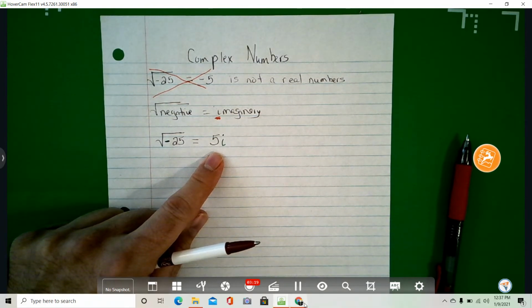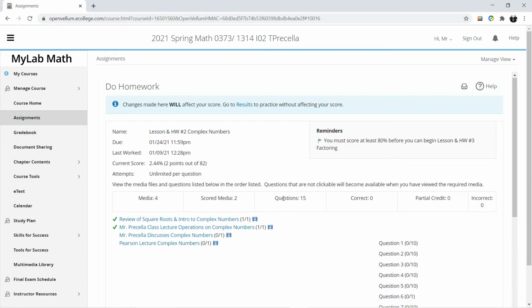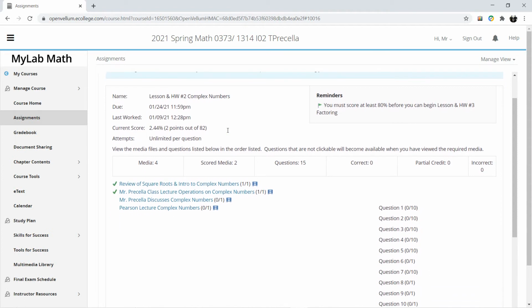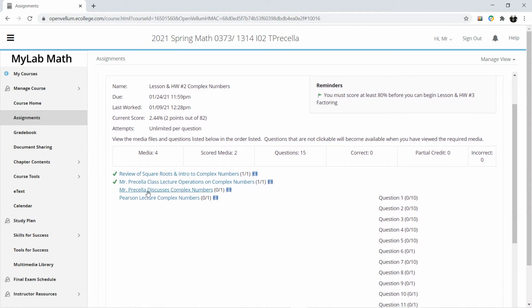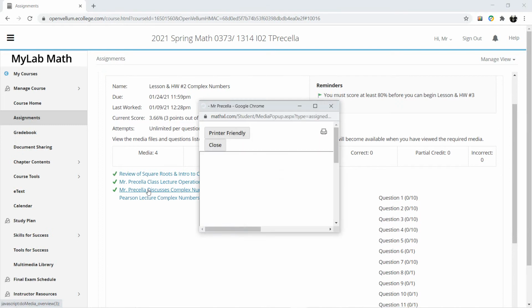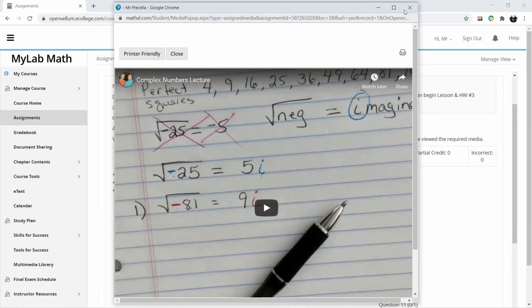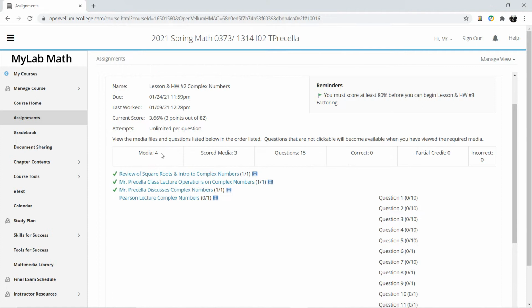Let's look at our homework assignment over complex numbers. Now, on the left-hand side of the screen, that's where you'll see the media with little lectures and stuff. You'll see my lectures.